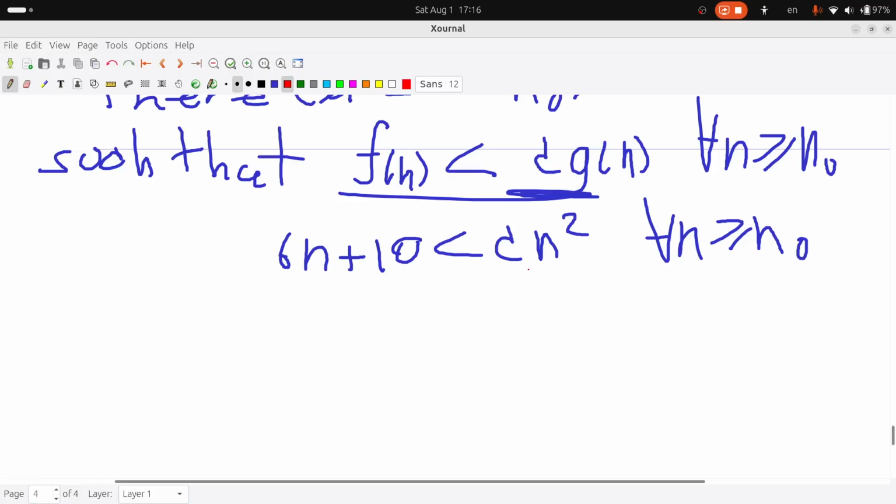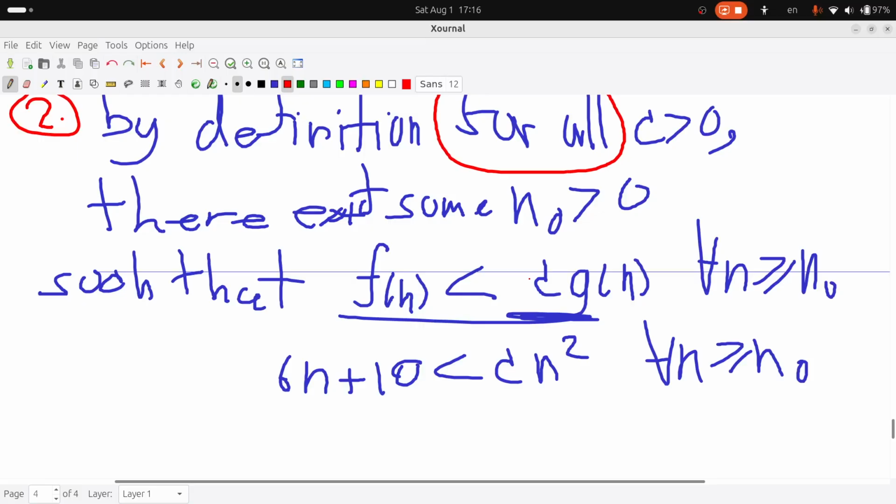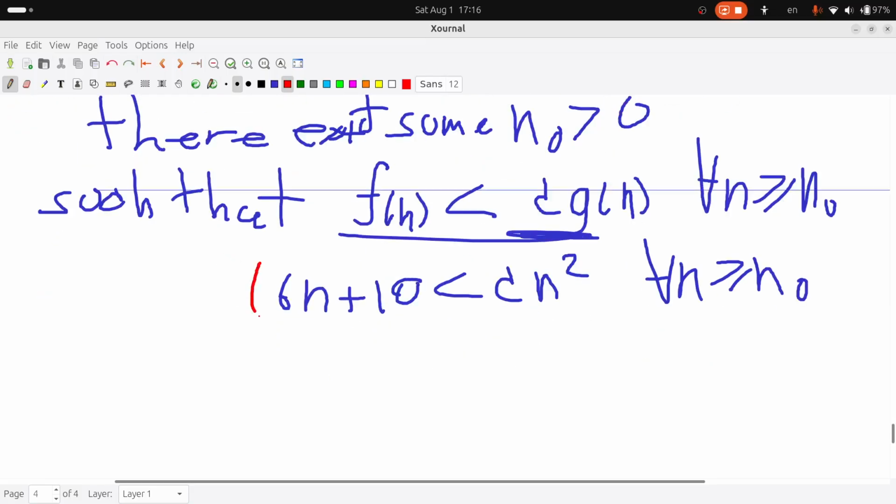For all c, there must exist some variable n, right? I will think of an easier way that we can prove this equation.